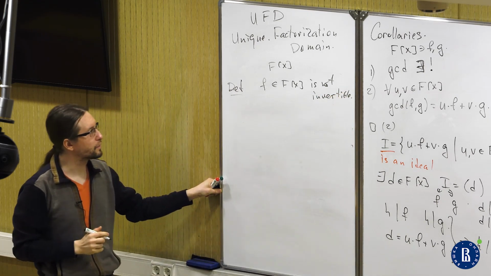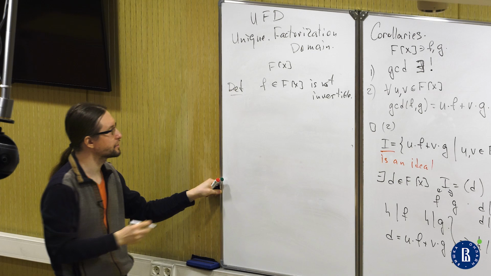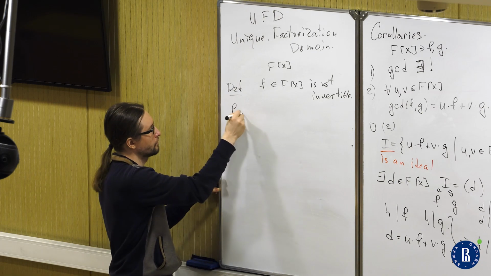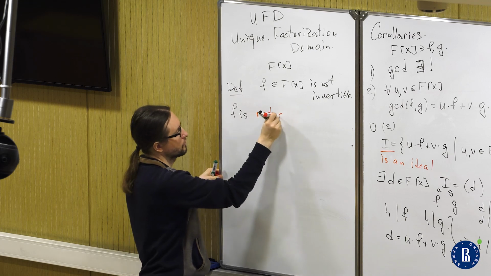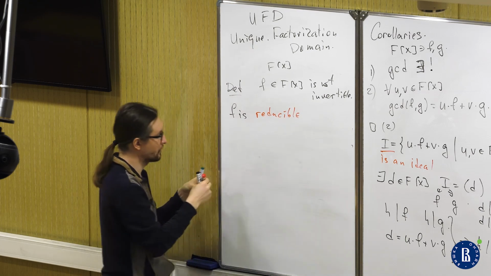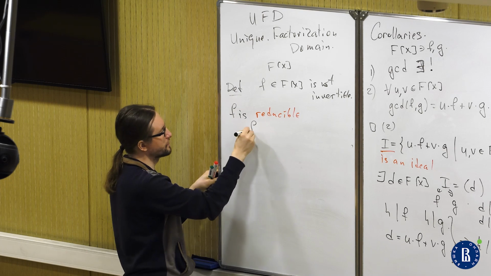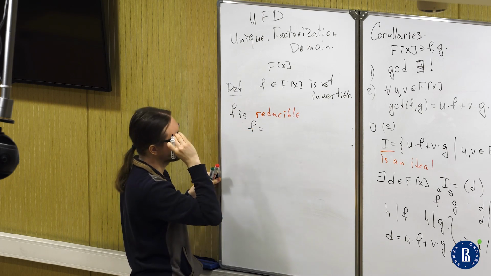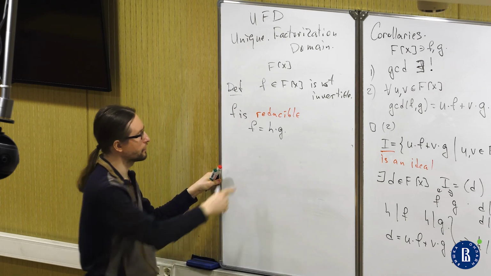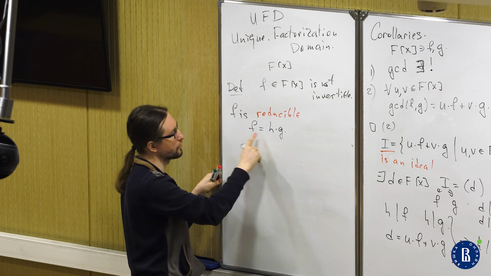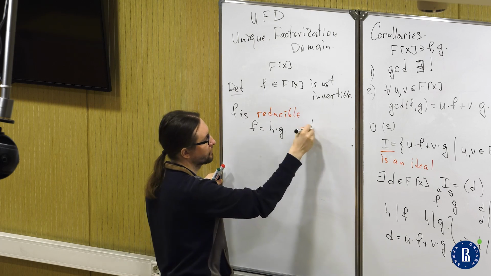Then we will say that f is reducible if we can represent f as a product of two polynomials, h times g, and the degree of h and the degree of g is strictly smaller than the degree of f.